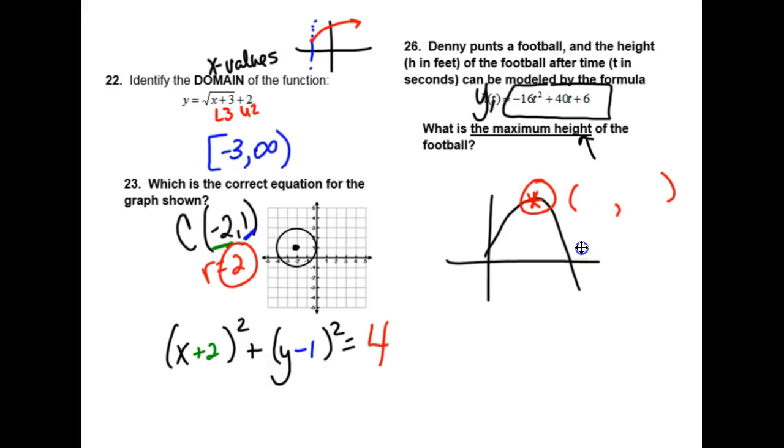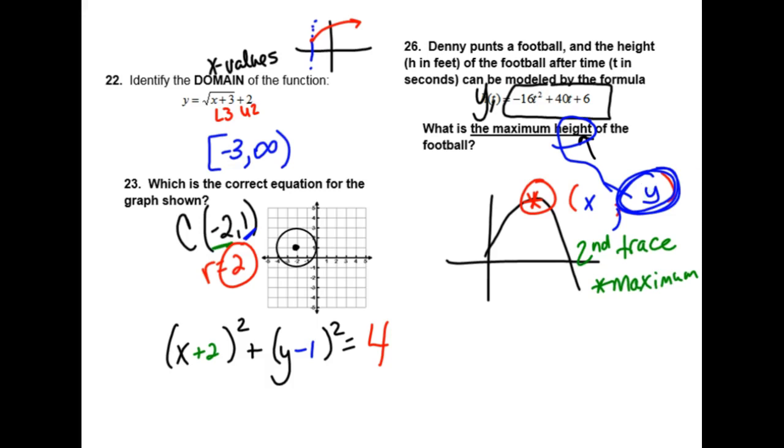So you're going to go back to the second trace menu, the calc menu, and this time you're going to choose the maximum. You're going to do that left bound, right bound thing. But when they say find the maximum height, that would be whatever this y value is. The time that it occurs is not asked, they just want to know the height. So the height is the y value.